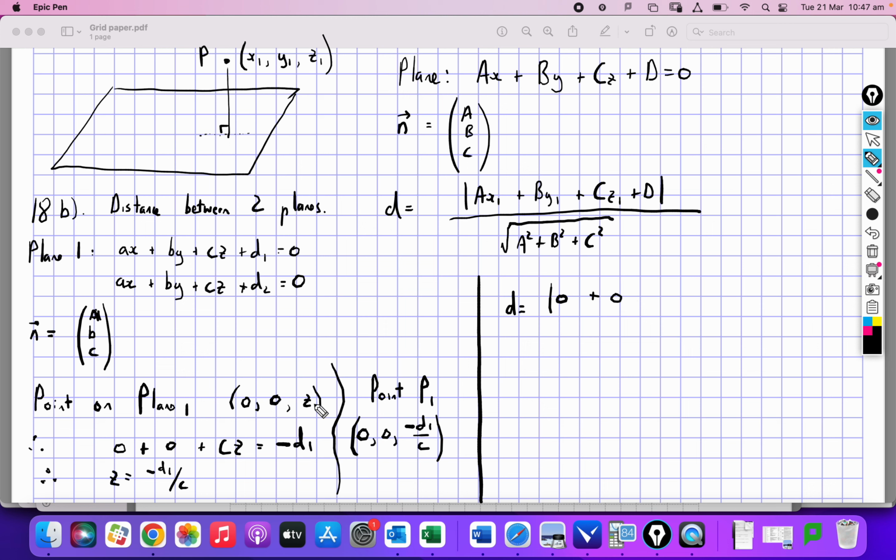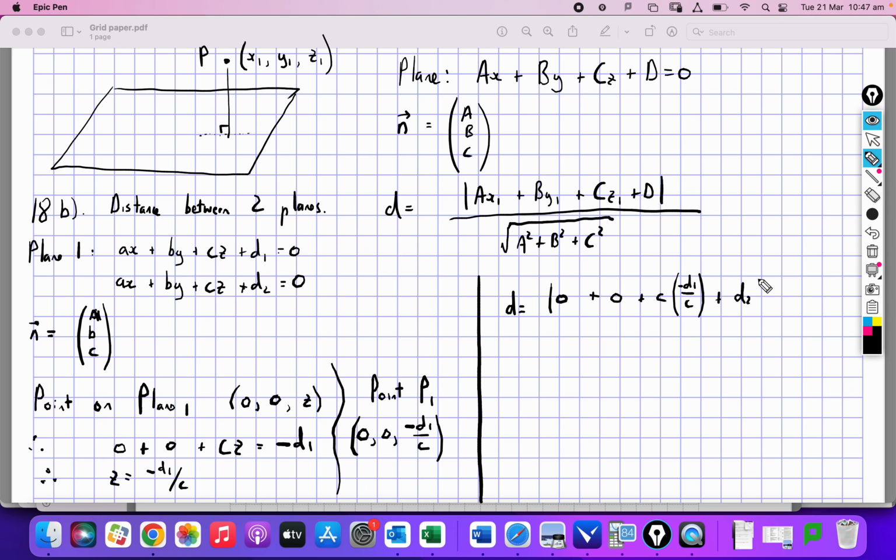Now the c, that's coming from the normal vector, times the z coordinate, which I worked out, so that's times minus d1 on c, and we'll need our d, which comes from plane 2, d2.